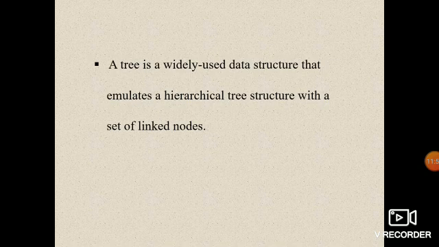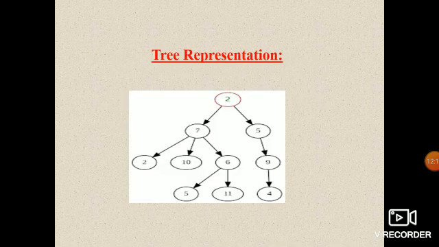So a tree is a widely used data structure that emulates a hierarchical tree structure with a set of linked nodes. In the hierarchical manner, how will the nodes be linked? Let me see.